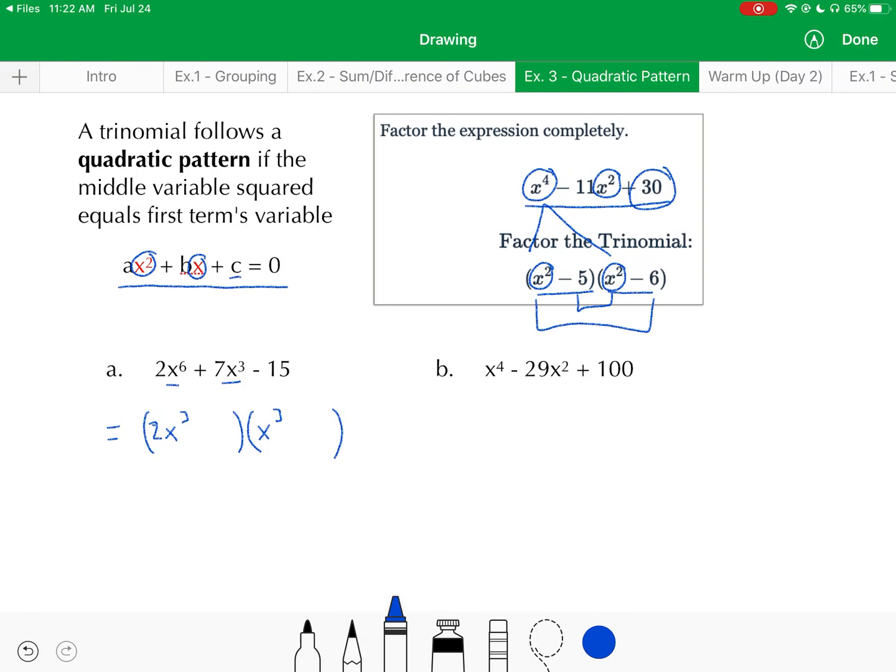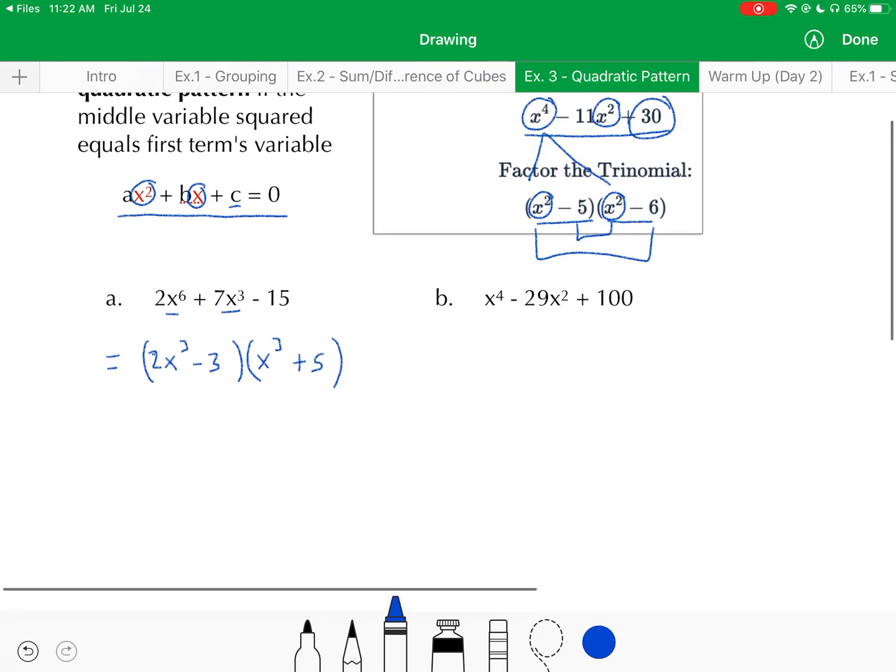That's the only way you're going to be able to create the 2x to the sixth power, all right? And then the numbers that I follow each of those up with, first and foremost, they're going to have to multiply to -15. And then outside and inside parts of FOIL are going to have to lead me to the 7x cubed. So the proper factors would be a -3 there and a +5 here.